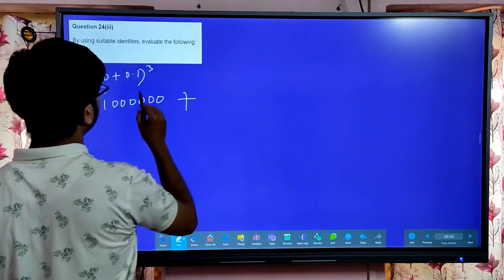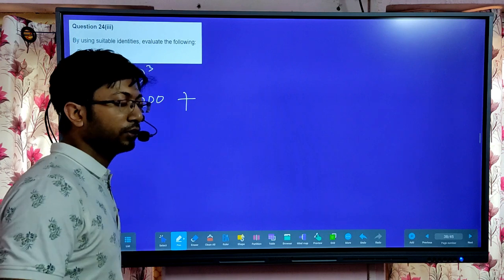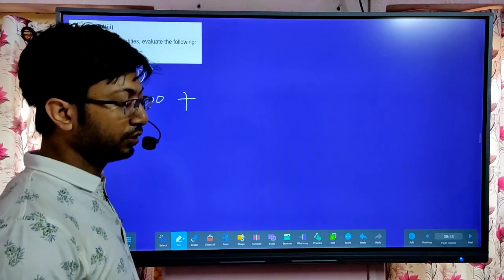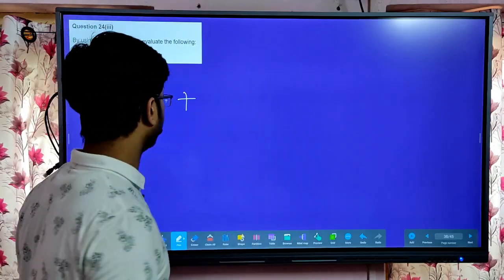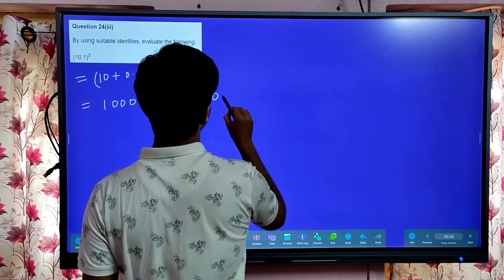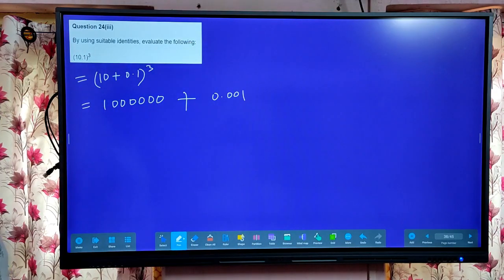Plus 0.1 cube. It will be 0.1 into 0.1 into 0.1. So it will be three positions, 0.001. That is 0.1 cube. This is 10 cube.